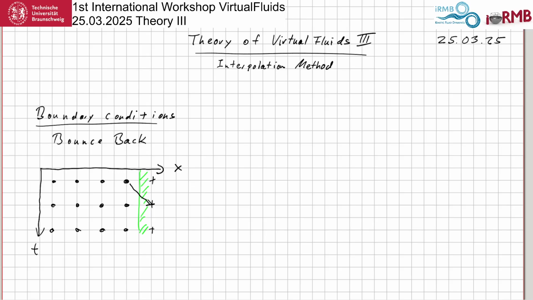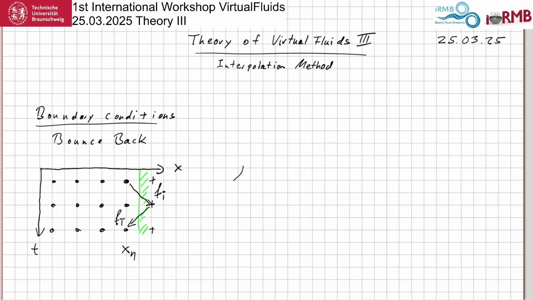We have a population that goes out of the domain, and I call this f_i, and then we have a population that goes into the domain, which I call f_i bar. So this is the opposite direction, and this is x_n. This is the location of the last node before the boundary.